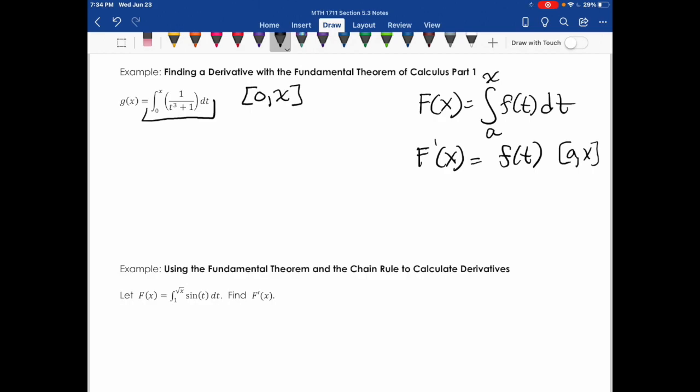We're going from 0 and above. So I'm not worried about having any issues of continuity on the interval from 0 and up. So I can use the fundamental theorem of calculus here, and I can say the derivative of g of x must be 1 over x to the third plus 1.